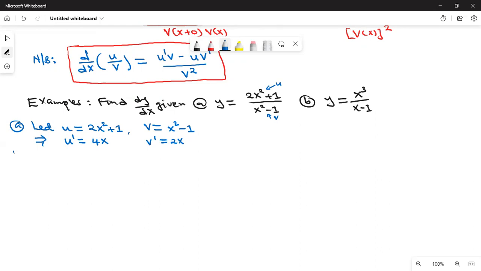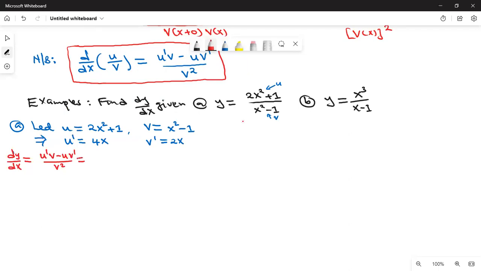So now dy dx should be equal to u prime v minus u v prime, everything over v squared.